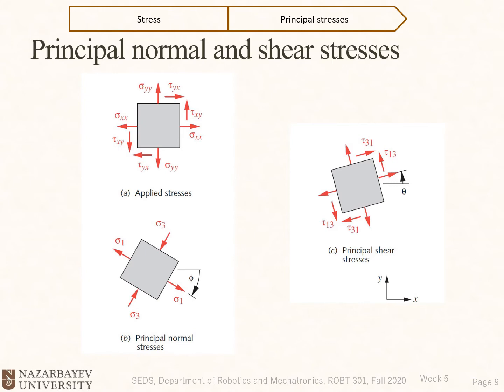Principal normal and shear stresses. Here we could see that we have one cube element at one specific point of our part.